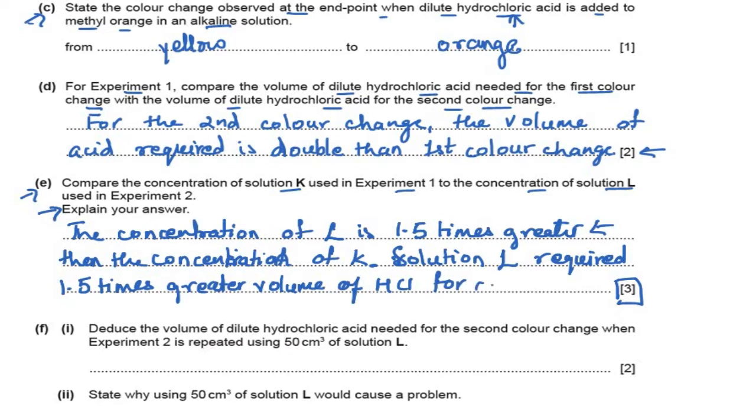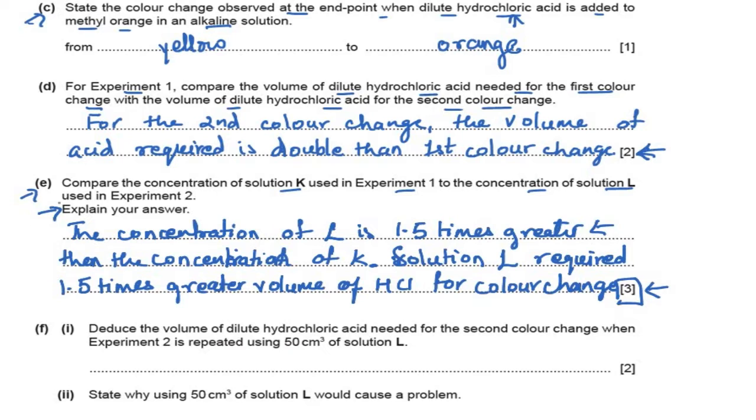That is the explanation. On the basis of volume of HCl only, we had deduced that the concentration is 1.5 times, and that's what we need to explain also. So you can see that if there are 2 marks for one sentence, or if there are 3 marks, we need to specify specifically how many times volume.